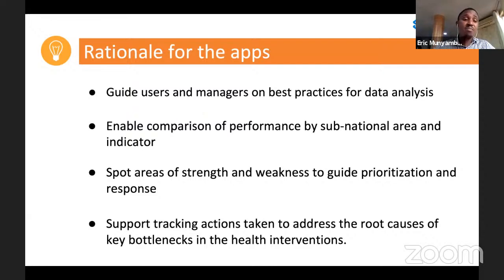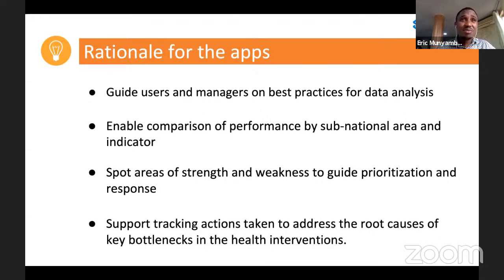Then also to enable comparisons in terms of performance at national and subnational level, where we look at different indicators on different programs, on different health interventions, but also to spot areas of strength and weakness to guide prioritization and response. One of the key and very useful applications that we'll be looking at and discussing is the bottleneck analysis.